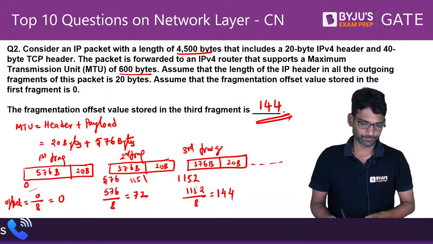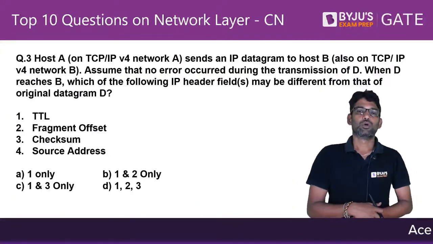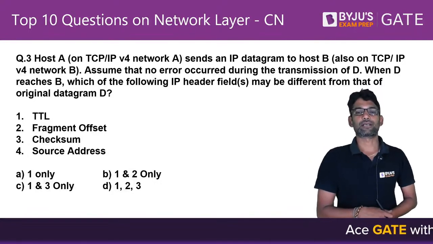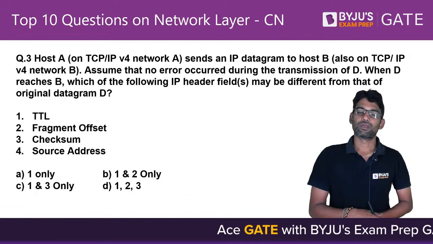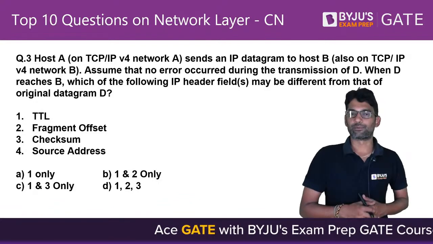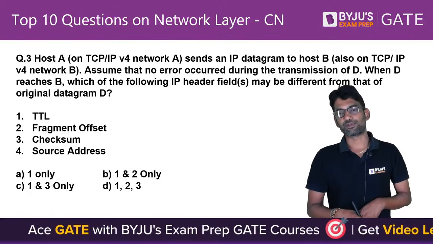Okay. Question number 3. Host A sends an IP datagram to host B. Both are on different networks. Assume that no error occurred during the transmission.